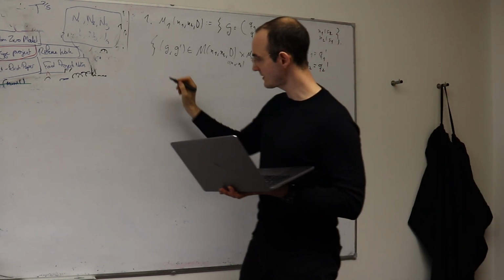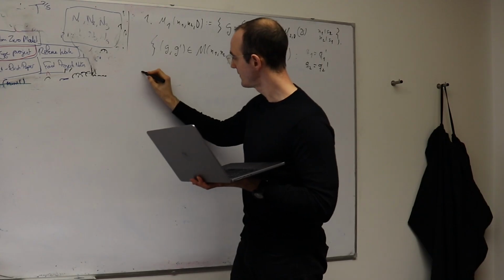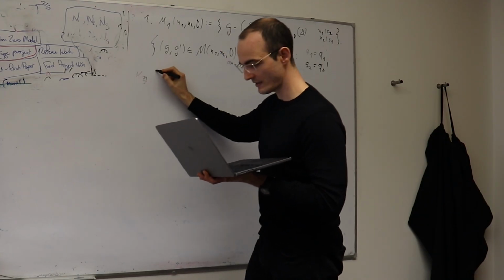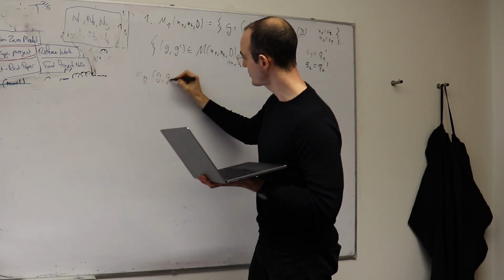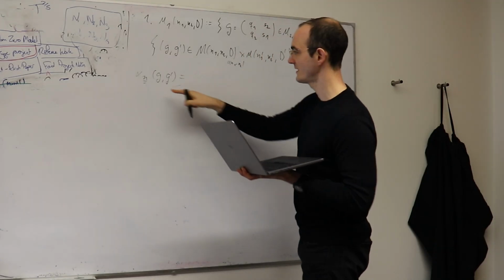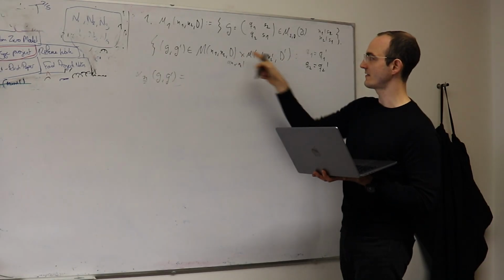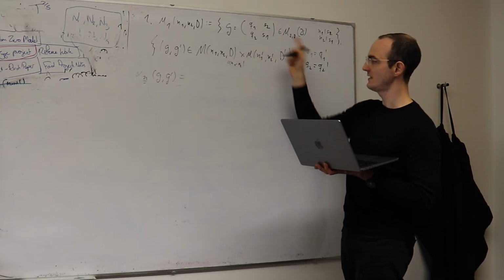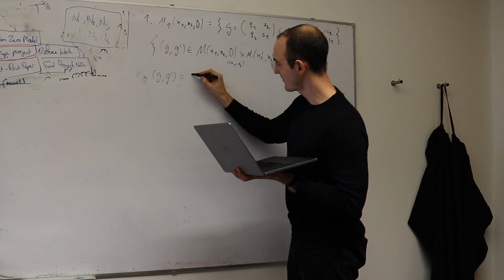So what does this mean in this case? In this case, this means we are looking at a weight on G and G prime, with the property that this pair is in these congruence conditions. So in other words, it's something like 1.